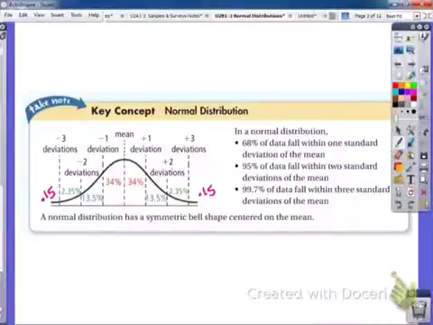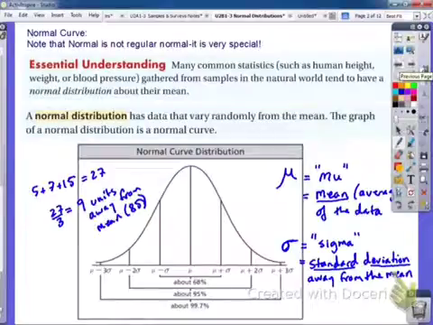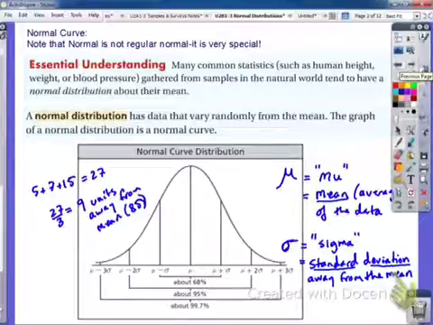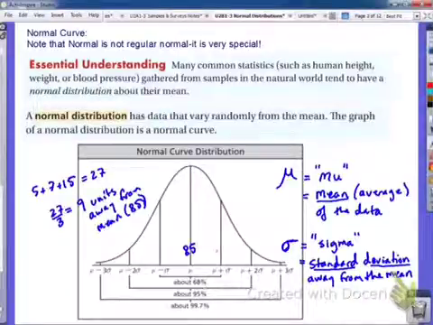Okay, so this curve, you need to be able to draw it, to understand it, to know what it all means. Let me go back to this right here. Now, in our example, 9 units away, if the class average was an 85, and if the standard deviation for the class was a 9, then 85 plus 9 is 94, right?